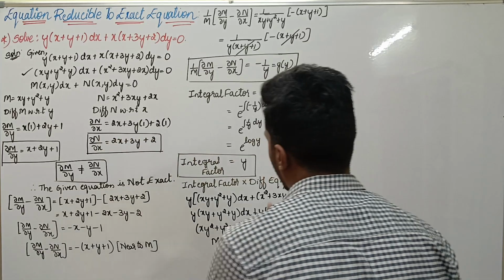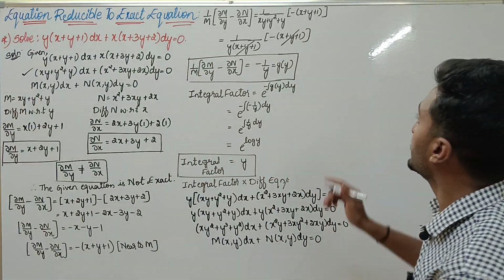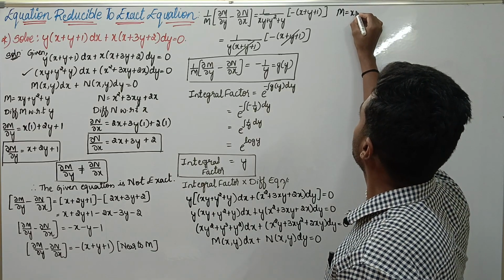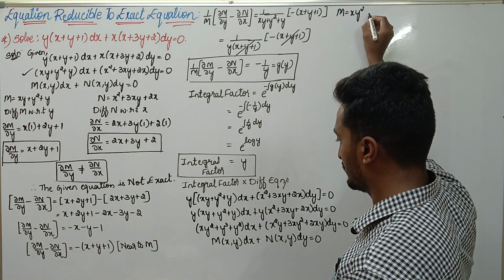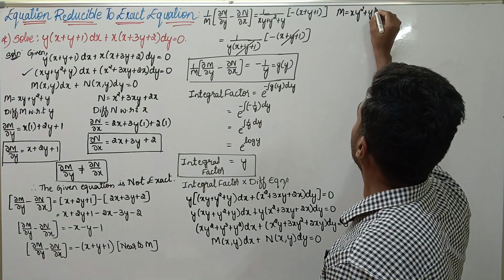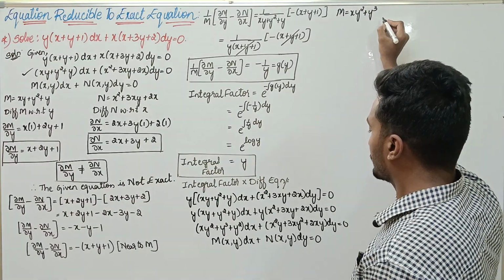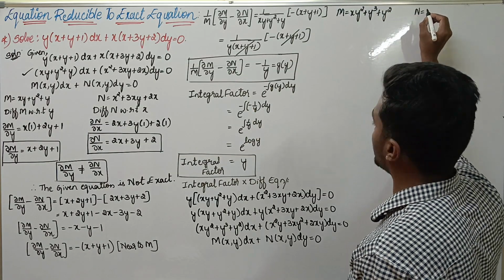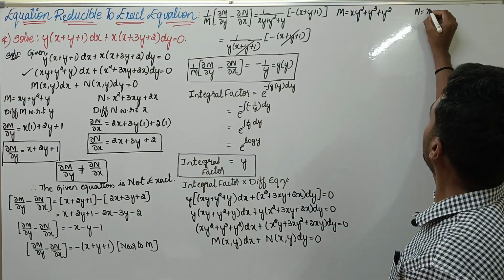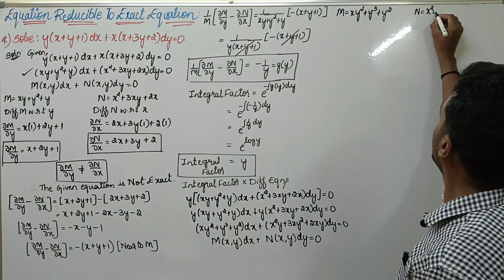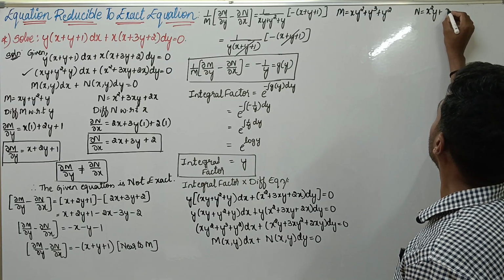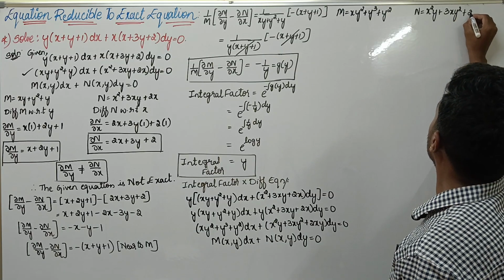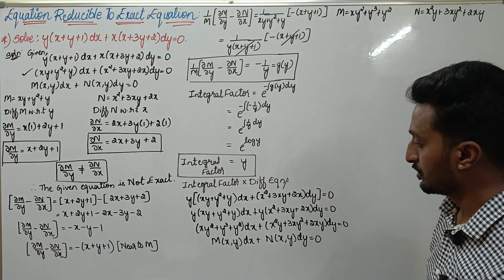After this, represent M: M is xy² + y³ + y², then represent N, that is x²y + 3xy² + 2xy. Okay, done.